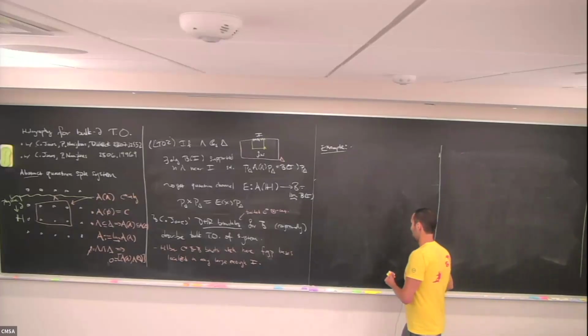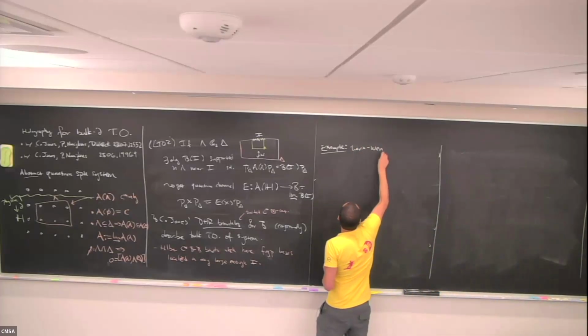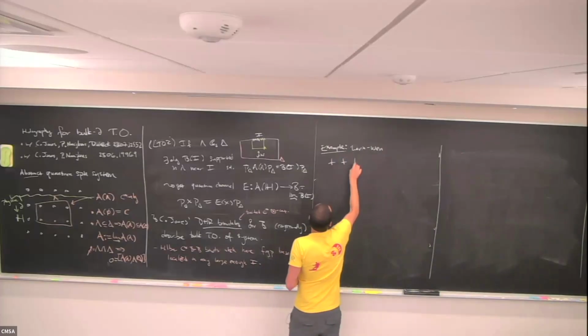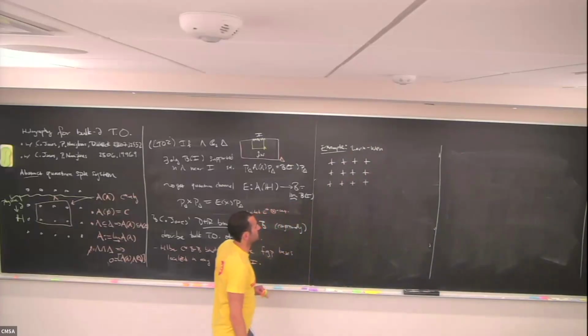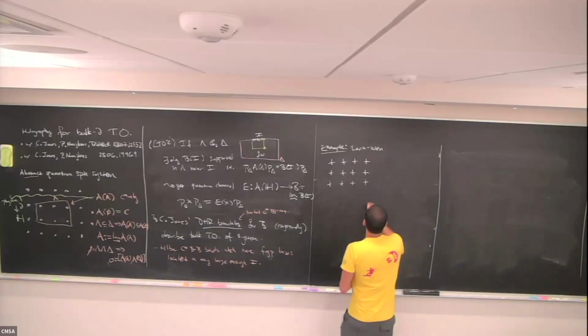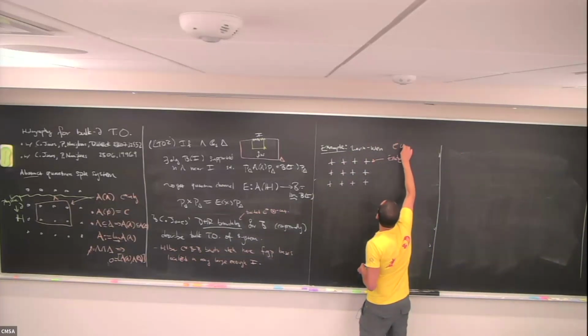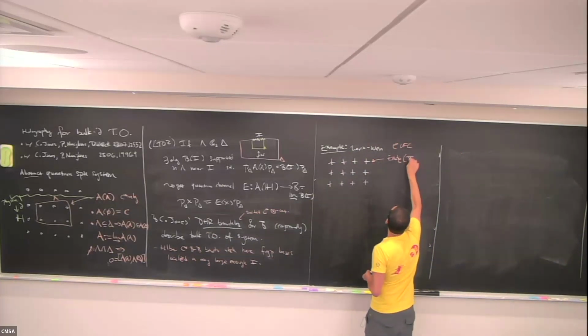Levin-Wen looks a little more to me like a Z2 lattice. Okay, so what is this? This is my lattice. What does that mean? So each space here is N in C, where C is a UFC, a unitary fusion category.